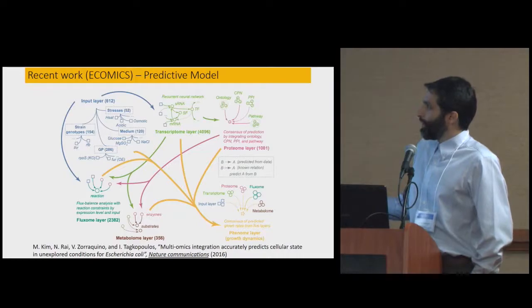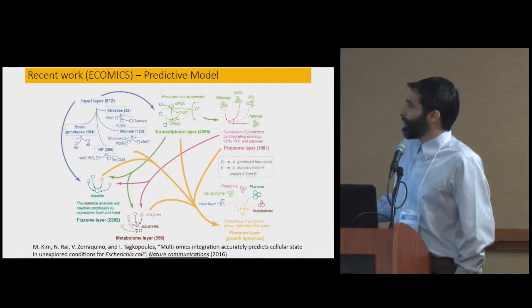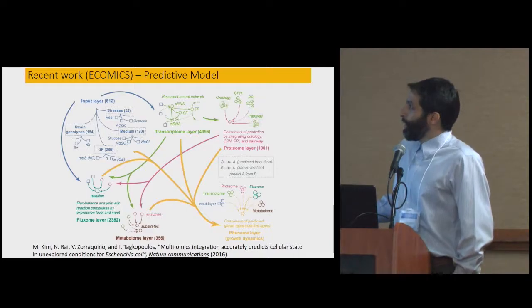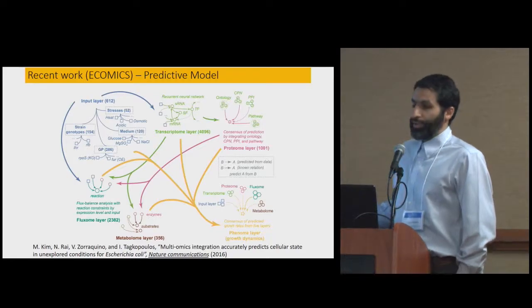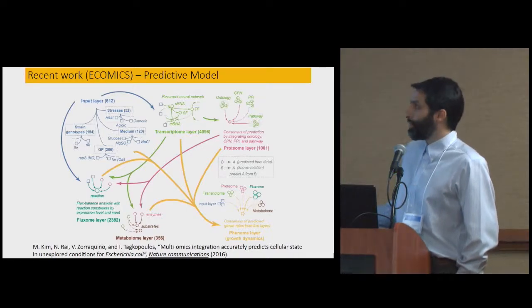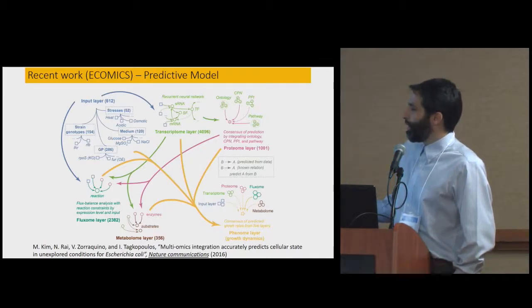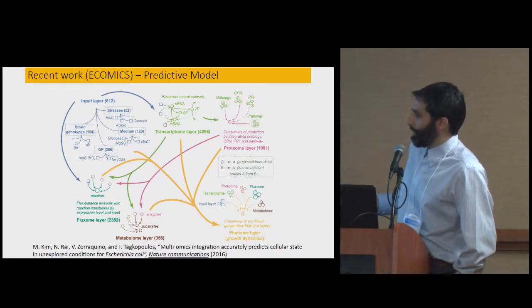In this work, this was done using a recurrent neural network. Once you have modeled your transcription, this can inform you about the concentration of your proteins as well, other than the mRNA level of the genes. So if you also can build a proteomics level prediction, then this can also inform you about other parts of the cellular system.